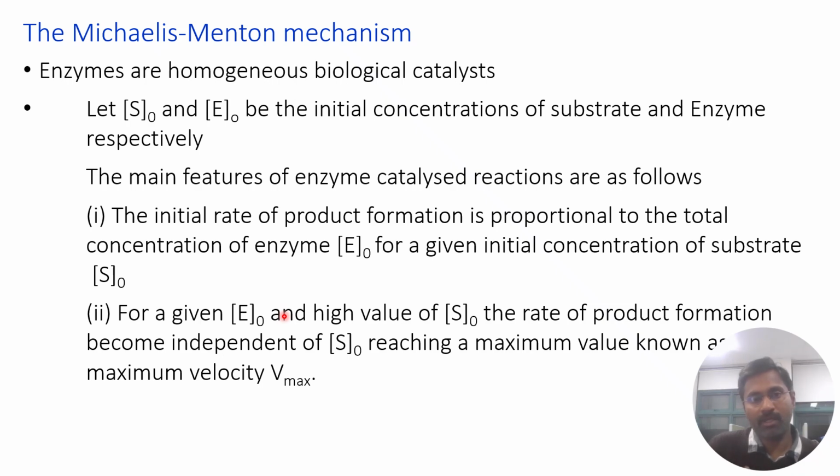The reason is that when you take a very high concentration of any one substance, very little of it is reacted, so the concentration is more or less maintained, and the rate of reaction is independent of that concentration. Similarly, if you take the substrate concentration very high in the presence of an enzyme, the enzyme concentration is the most important parameter for understanding this kinetics. This rate of reaction we call the maximum velocity.